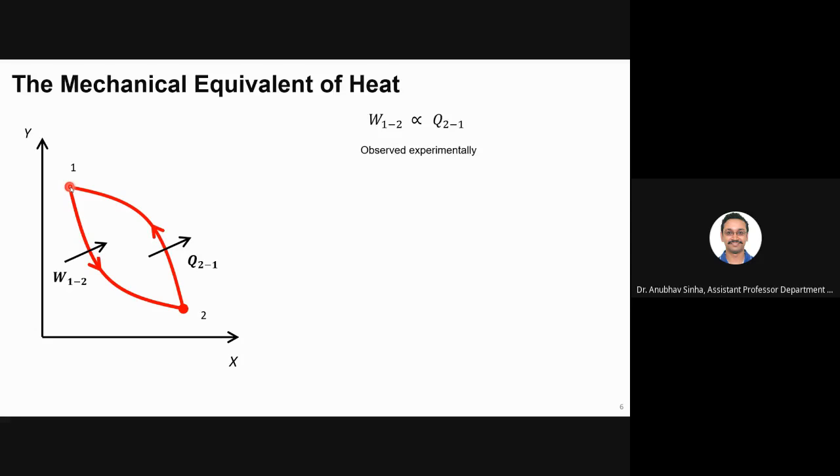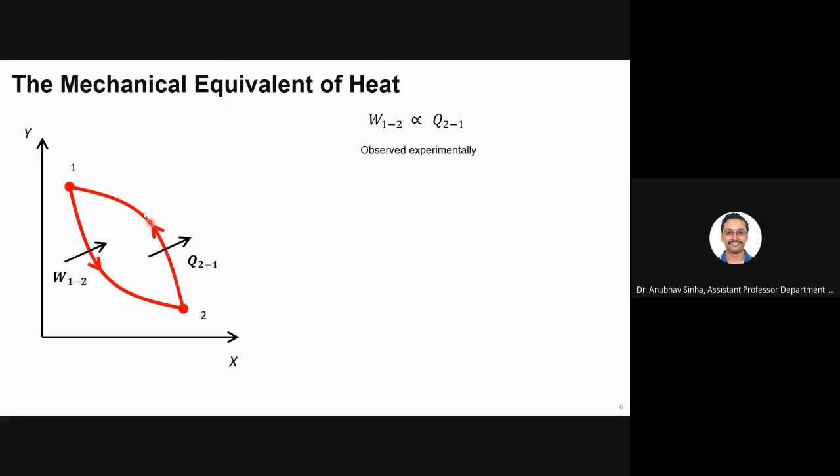Now, what Joule observed was, Joule did these experiments many times, repeated using different liquids, different masses of that block, different cooling liquids. But for all the experiments, Joule observed that this work is always directly proportional to heat, how much heat has to be removed to go back to state 1.